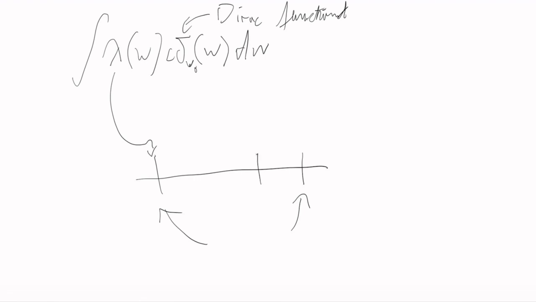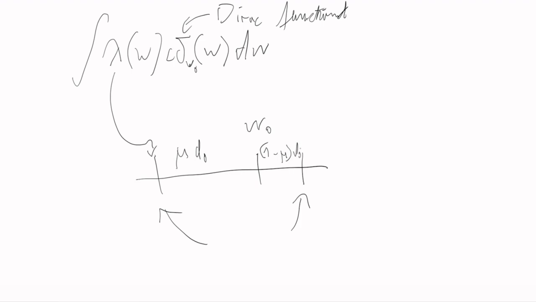So let's say omega naught is here, and then we've got a distance here. Let's define that to be mu d naught, where d naught is the distance between two grid points, and then we have here 1 minus mu d naught.